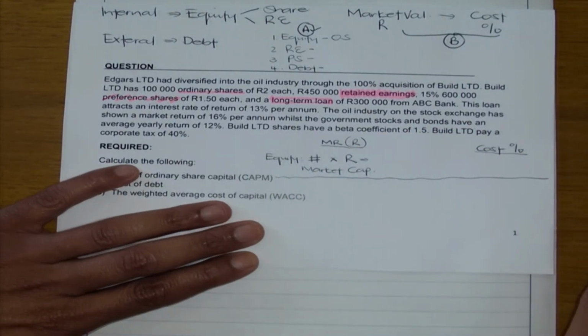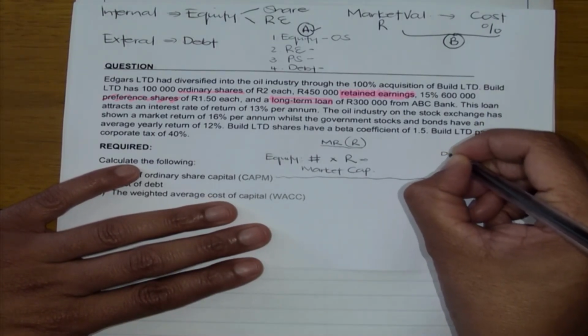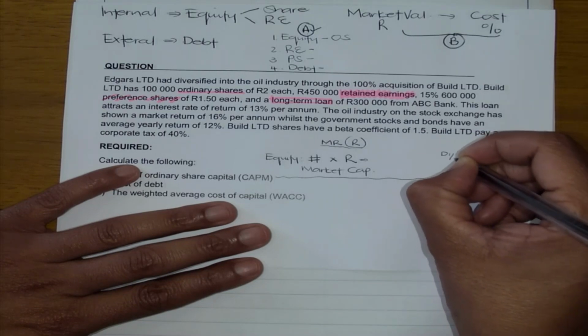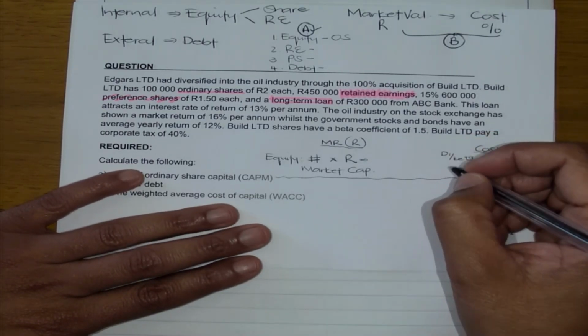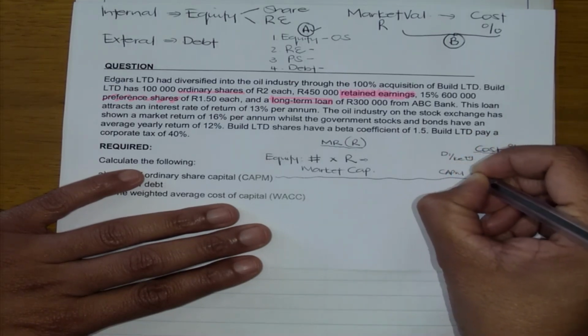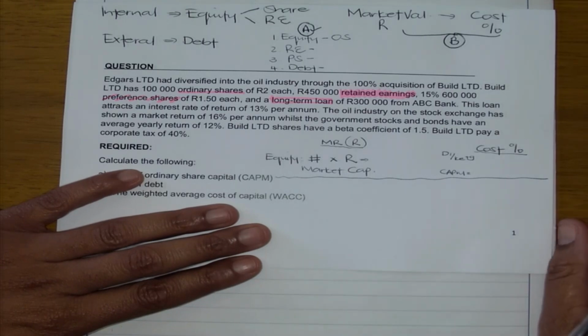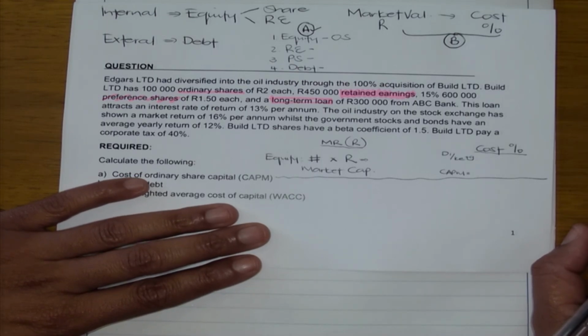You have the Gordon growth model, and that is D1 divided by KE plus G. The other one is called the CAPM. Now, CAPM is the capital asset pricing model. Now, this model basically takes into consideration stuff like risk-free. Now, what is risk-free? They actually say that government bonds are risk-free. It's got no risk, right?